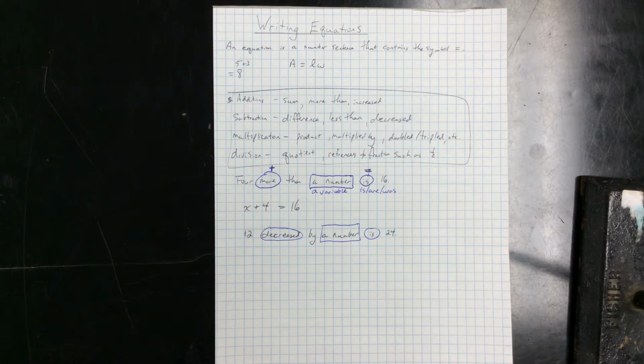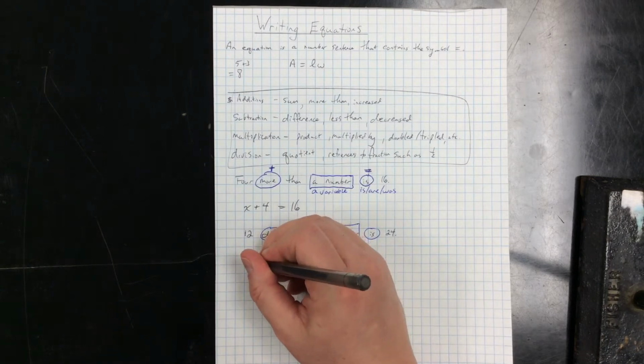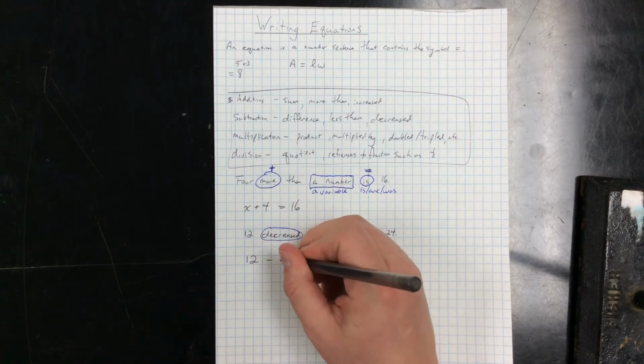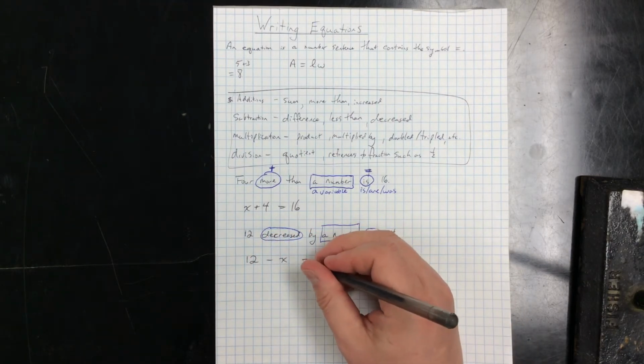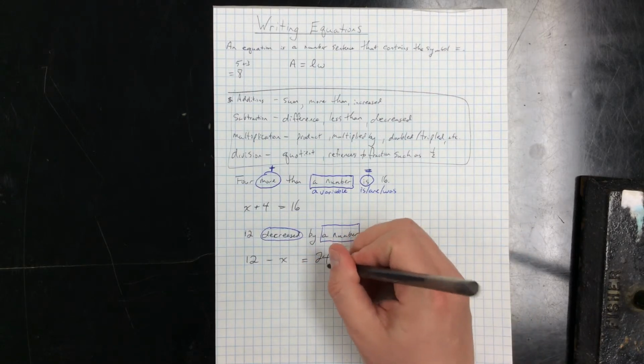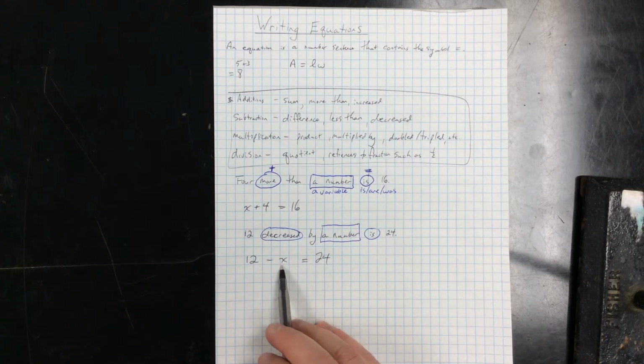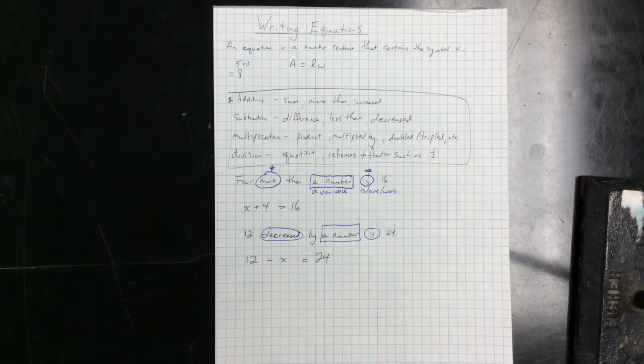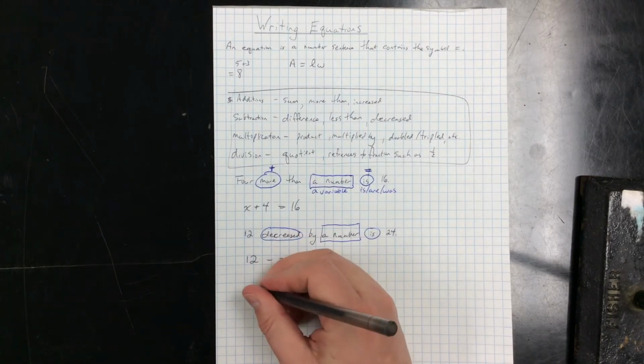So 12 subtract something is 24. So 12 subtract x equals 24. And by inspection, I can see that it's going to be a negative number, negative 36.